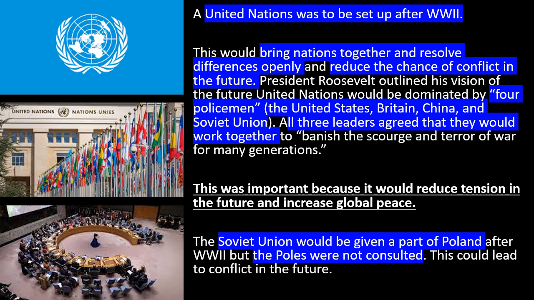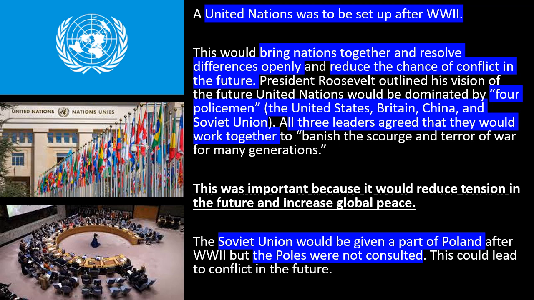And as far as America is concerned, there would be four policemen, four big states that would police things around the world: the United States, Britain, China, and the Soviet Union.